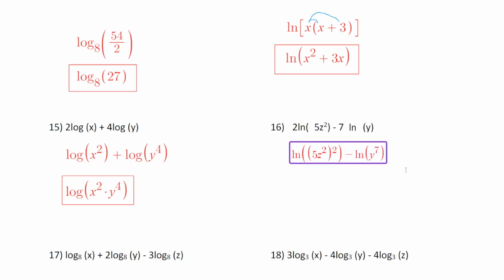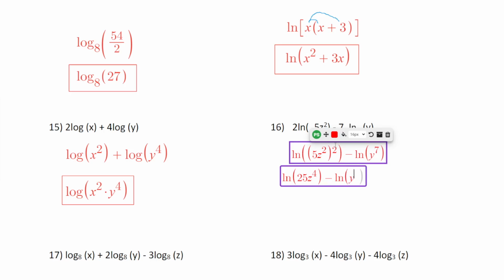Okay, I'm not going to combine these with the quotient property quite yet. I'm going to square this out. So if I have 5z squared times itself, 5 squared is going to be 25. Z squared squared is going to be z to the 4th. So just be careful. Don't just square the z. You've got to square the whole expression inside the parentheses.